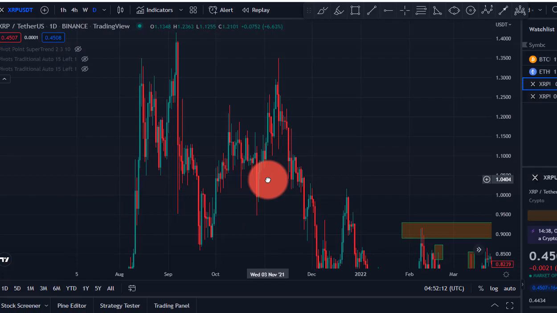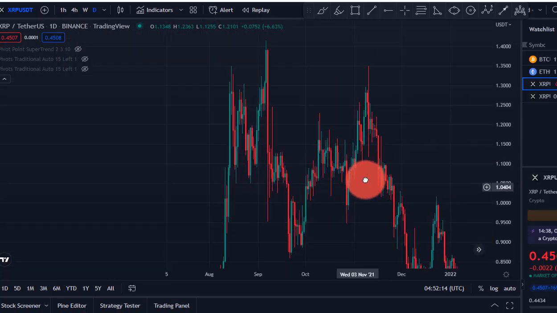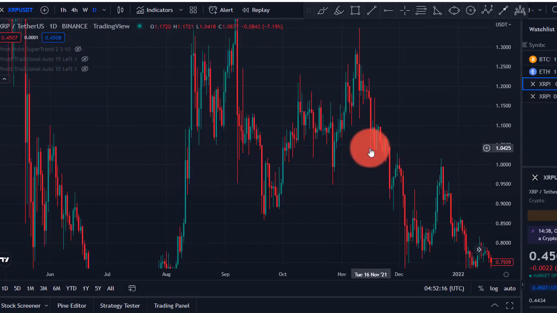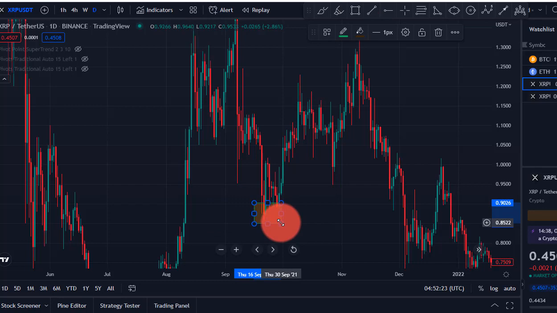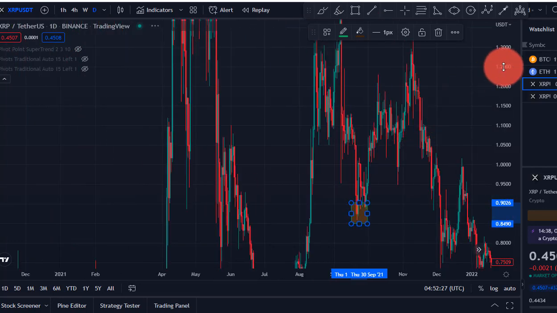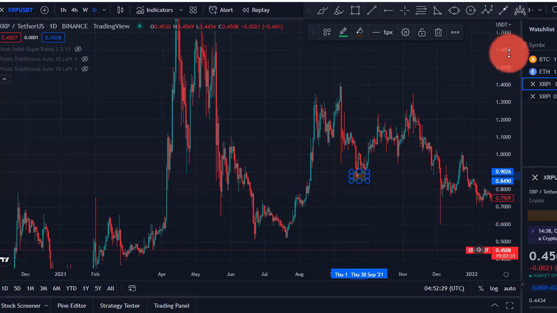Again, this is a chart over here, and you will see a triple bottom right now over here. I will show you, one bottom is right now over here, and nothing is completely based on how you trade.